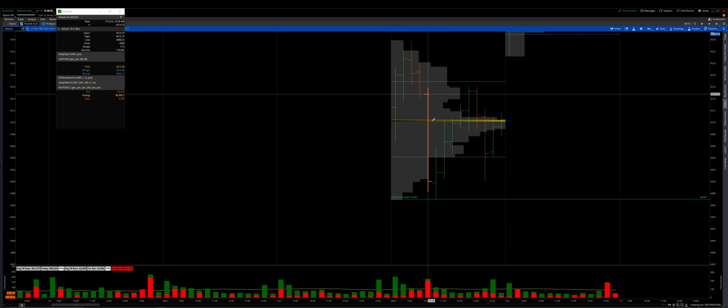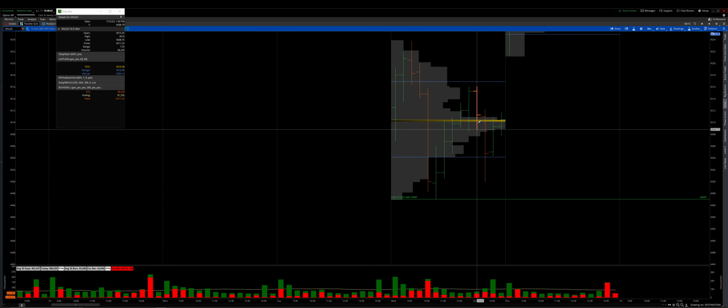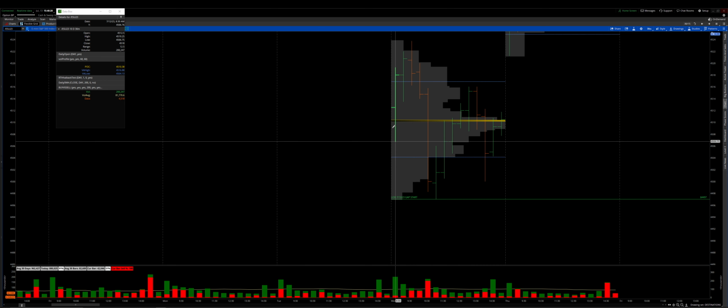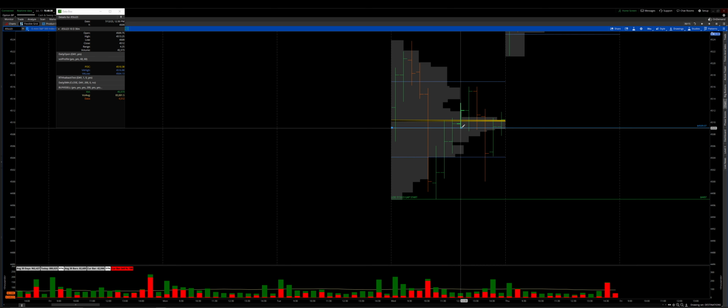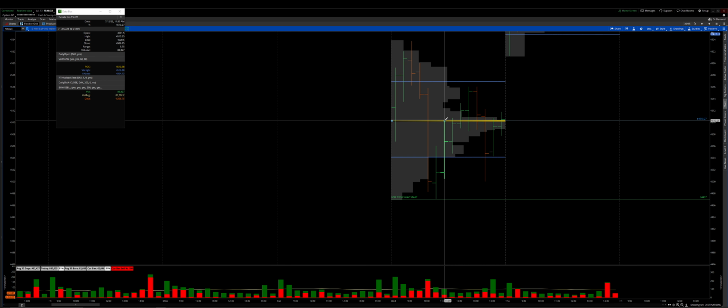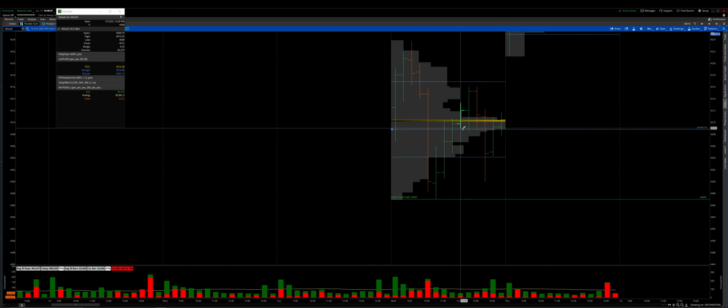So we got 1, 2, 3, 4, 5, 6, 7, 8, 9 time frames that traded back and forth through 45.09 level. Now you can label it here at 45.10.25, no issue, or you can label it here at 45.09.